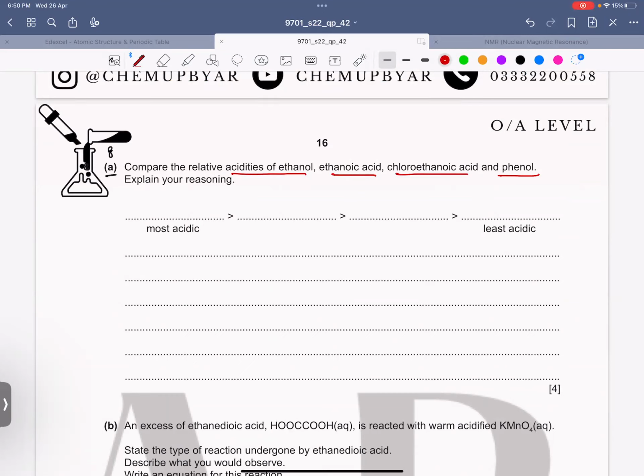Okay. So chloroethanoic acid is the most acidic one because of an electron withdrawing group attached to it. Then we have ethanoic acid.